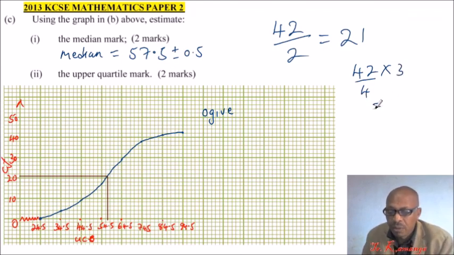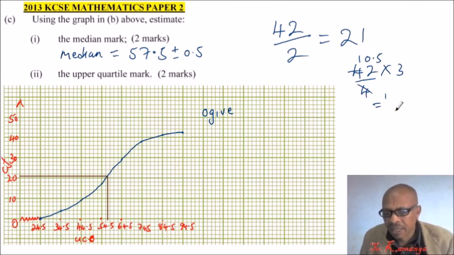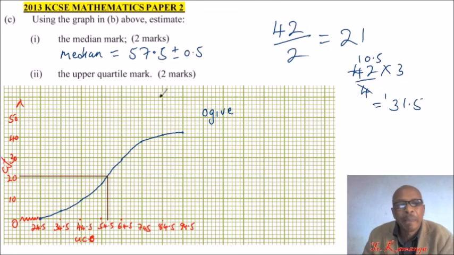When you divide like that, 42 divided by 4 gives 10.5, and when you multiply by 3 you get 31.5. So the upper quartile is at 31.